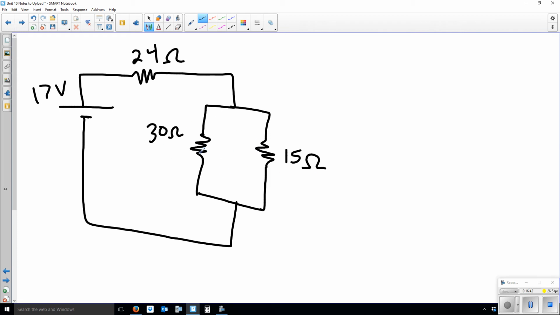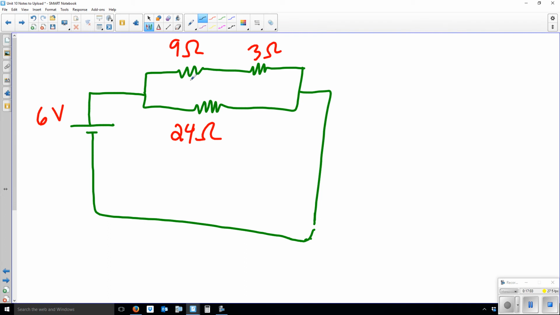So here, I would combine these two resistors, and then I would do 1/30 plus 1/15, take the reciprocal of that, and then add it to 24, because I could combine these into just one resistor here. Same thing here, I would combine the 9 and the 3 to be a 12, and then do 1/12 plus 1/24 and take the reciprocal of that to get the entire resistance of the circuit.